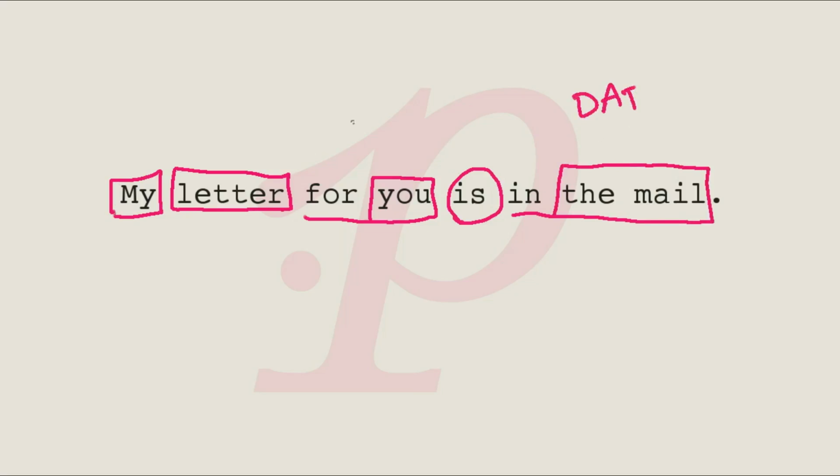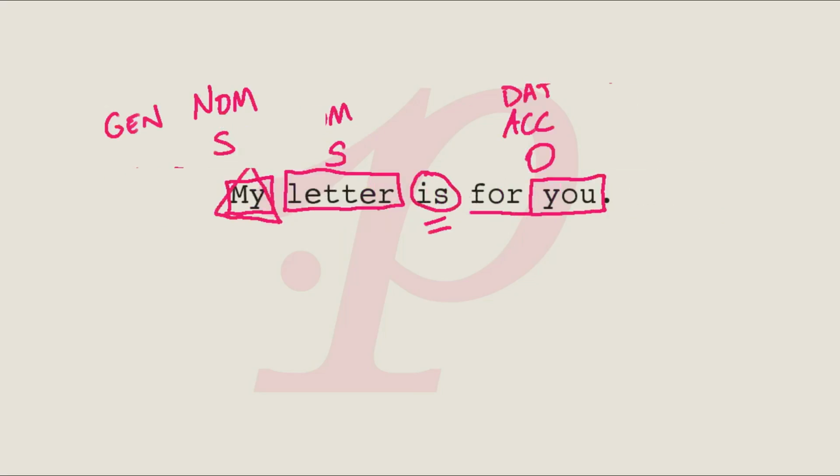For you, that could be dative, but probably more accusative. My letter, well, that's our subject. Nominative. My, that's genitive. It's kind of a modifier. There's a lot we could talk about here. What's an object? How does all this work out? If we underline and box and use our basic shapes, it's easier to talk about these differences.